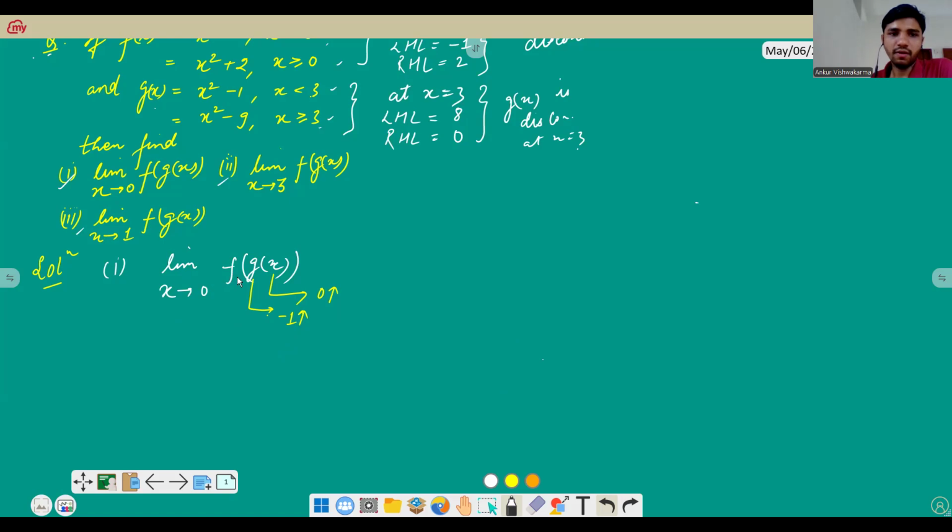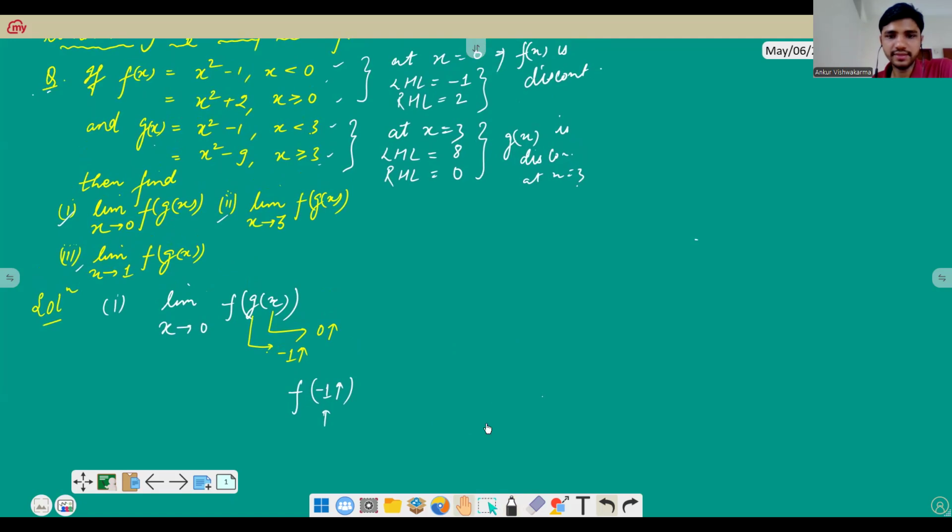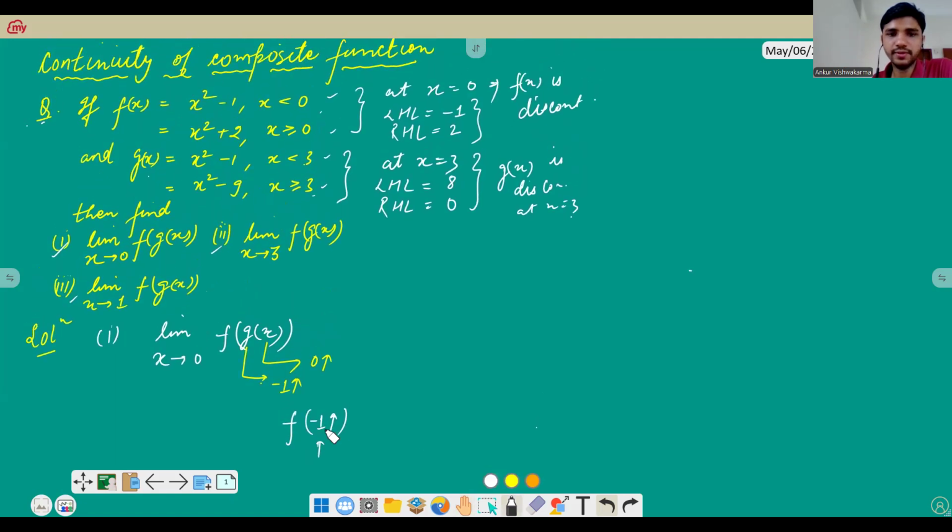Now look at the argument of f. The argument of f is approaching minus 1. So we will check the definition of f(x). If x is approaching minus 1, where f(x) is approaching, that we need to find.